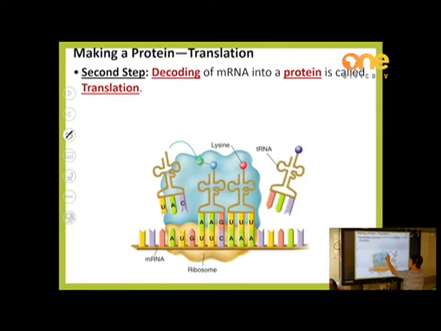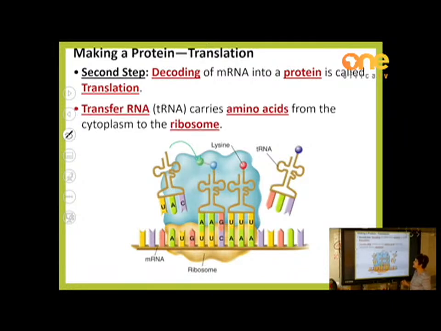And there I will then have a specific sequence of amino acids which will form a polypeptide string. That is translation. The mRNA codes for a specific tRNA with its attached amino acid that will be sequenced inside the ribosome. That will be called translation.